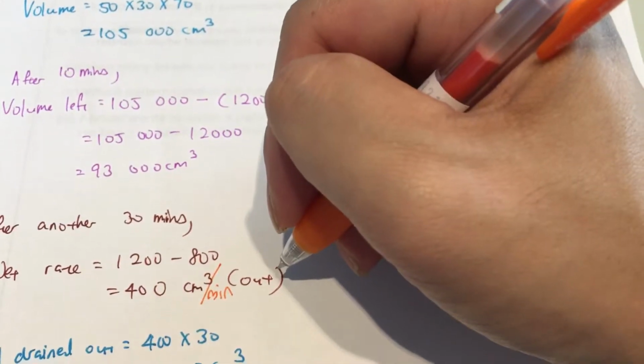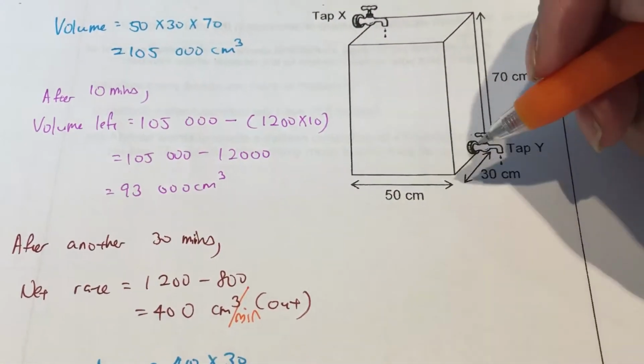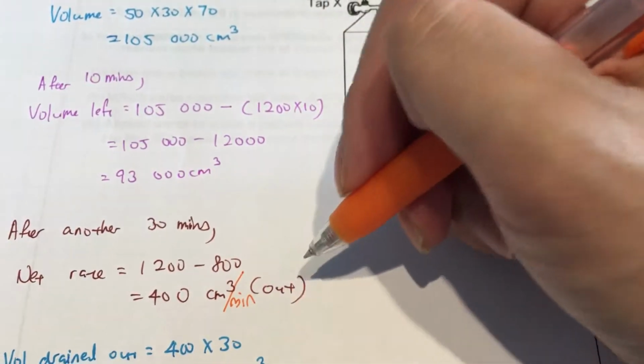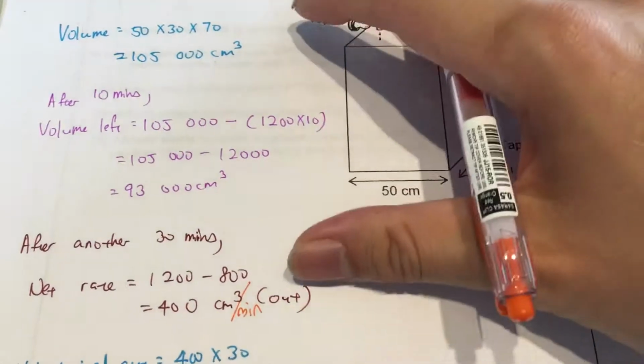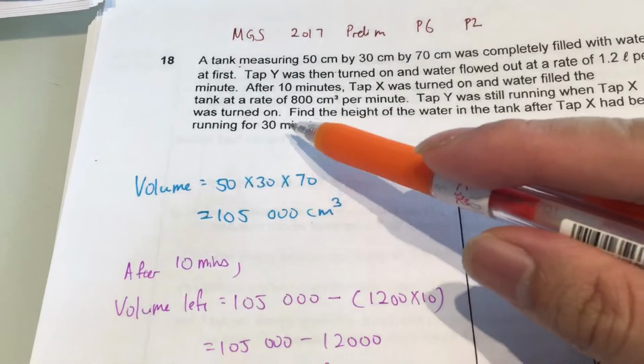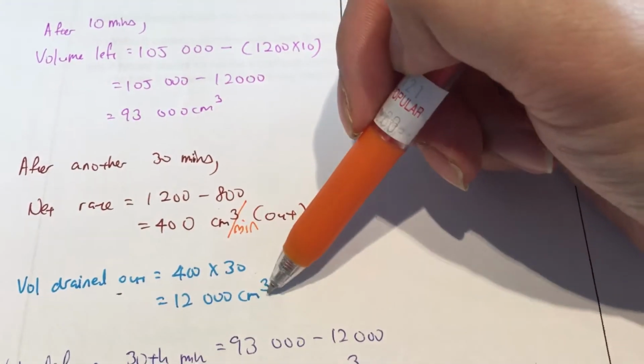And I'll put an indicator here called out. That means the water is really flowing out at a net rate of 400 cm cube per minute. So in this case, the volume that's drained out after 30 minutes will be 400 times 30, which is 12,000 cm cube.